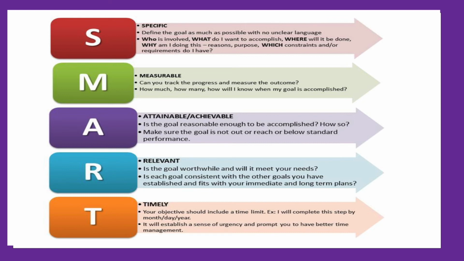I think the next one, attainable or achievable, is really important and must be comparative to the size of your organisation and the amount of funding that you receive. In terms of attainability, you may be quite a small ethno-specific organisation. You might only have a few people and some volunteers. So you want to ensure that whatever actions and priorities you pick, they are going to be achievable for your organisation.